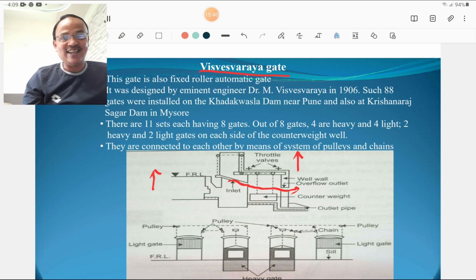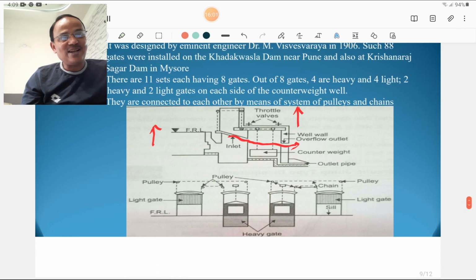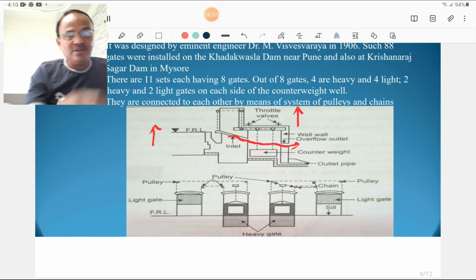So it is not a single gate, it is a set of gates, and in each set of 8 gates, 4 gates are light and 4 gates are heavy, with 2 heavy and 2 light gates on each side of the counterweight well. They are connected to each other by a system of pulleys and chains or pulleys and ropes.